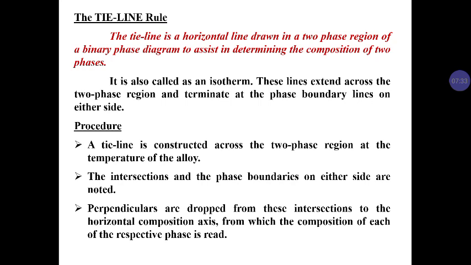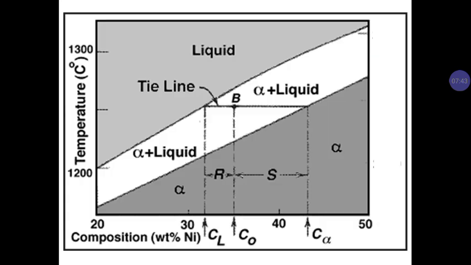So the procedure is, a tie line is constructed across the two-phase region. The intersections at the phase boundaries on either side are noted. The perpendiculars are dropped to find the composition. So the line is drawn here, this is one intersection, and this is the other intersection.